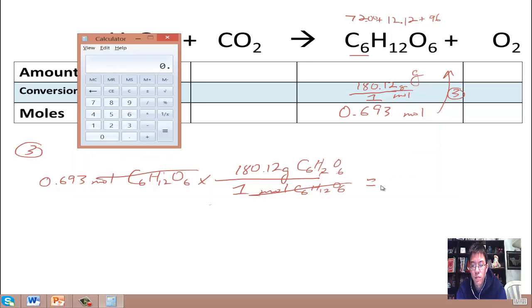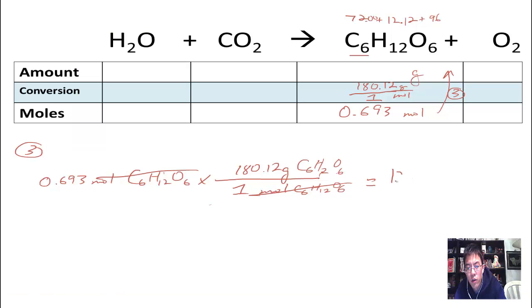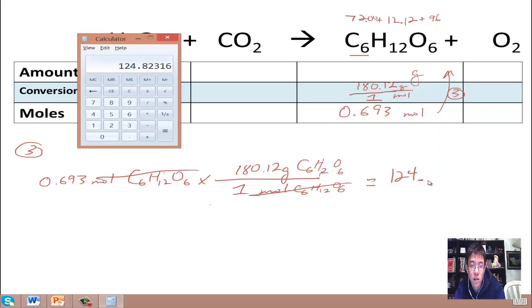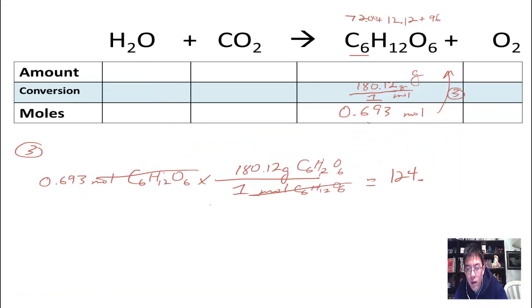I'm left with 0.693 times 180.12, and that gives me 124 point something. Well, I've only got 3 sig figs, so 125 grams of C6H12O6, and this would be the amount that's produced.